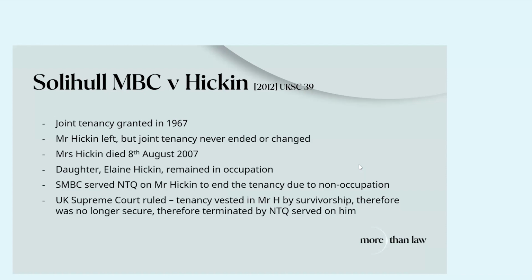The council then sought possession against Ms. Hickin because she didn't vacate, and it went through various appeals, and ultimately went to the United Kingdom Supreme Court, who ruled, by a surprisingly narrow majority, I have to say, 3-2, that the tenancy had vested in Mr. Hickin by survivorship. Therefore, it was no longer a secure tenancy.